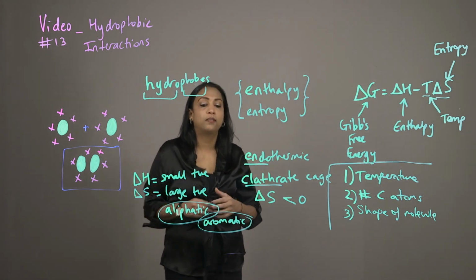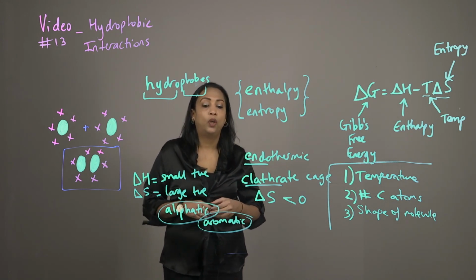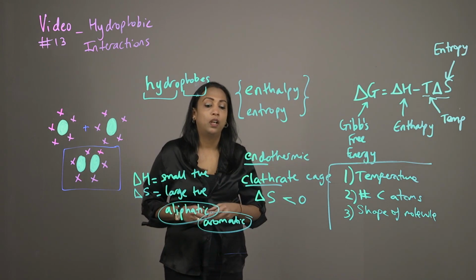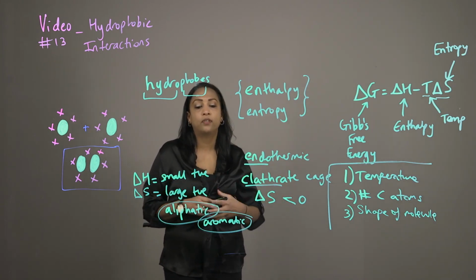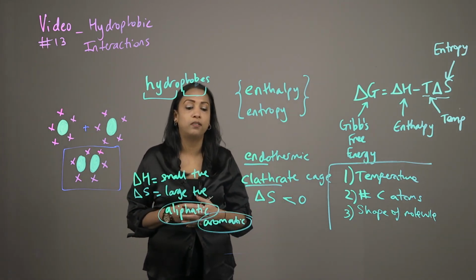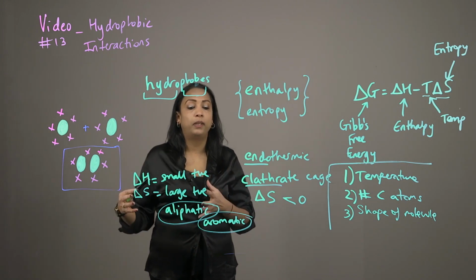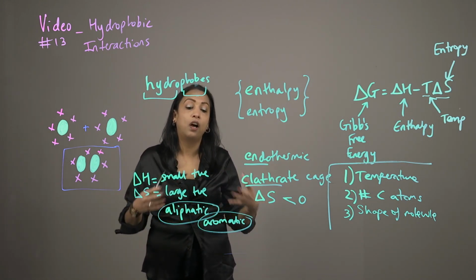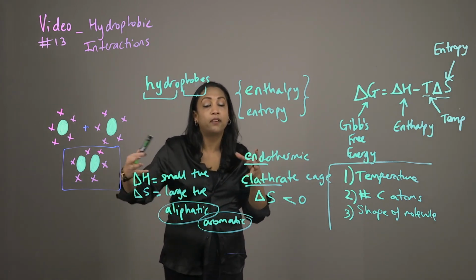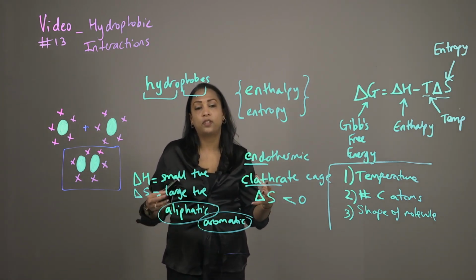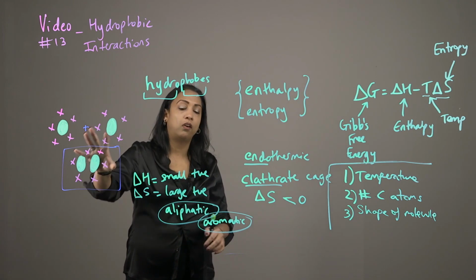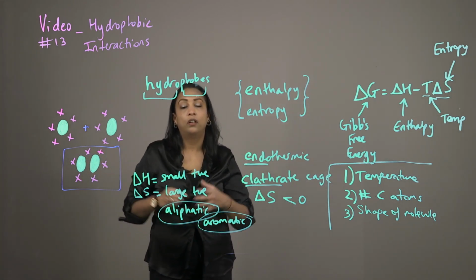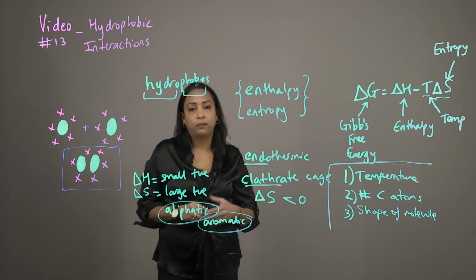This is because branches on a carbon chain will reduce the hydrophobic effect of that molecule. So linear carbon chains can produce the largest hydrophobic interactions, because carbon branches produce steric hindrance. So it's harder for two hydrophobes to have very close interactions with each other in order to minimize their contact with the water.